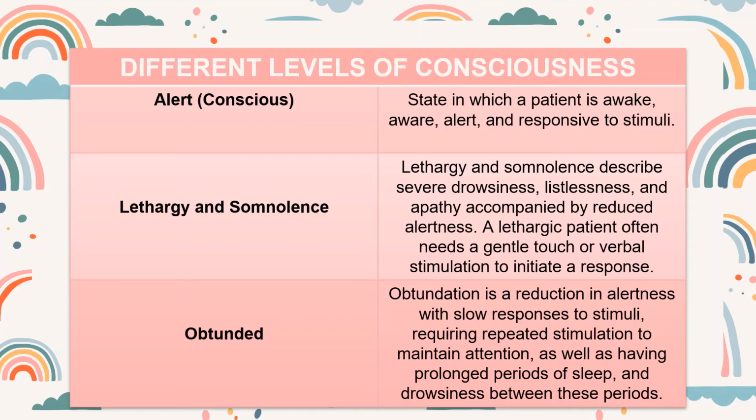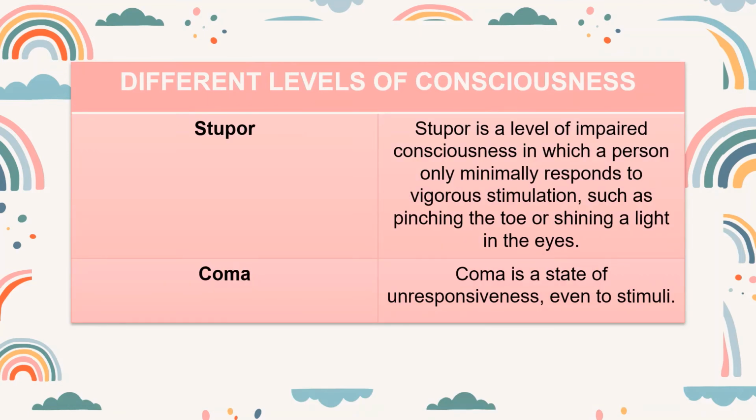The responses are delayed and minimal, and she does not appear to fully wake when stimulated, and she immediately goes back to sleep when she is not stimulated. Next, we have stupor. It is a level of impaired consciousness in which a person only minimally responds to vigorous stimulation, such as pinching the toe or shining a light in the eyes. And lastly, we have coma. It is a state of unresponsiveness even to stimuli.